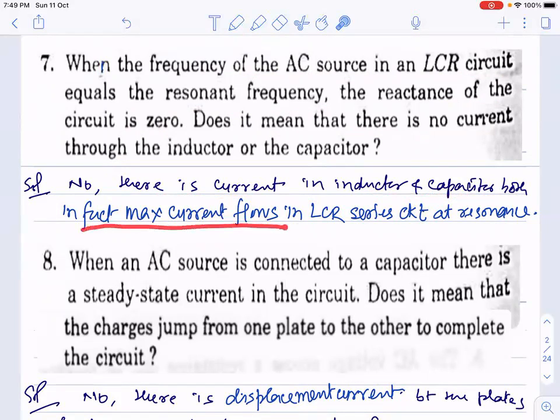In fact, maximum current flows in an LCR series circuit at resonance, because I will be Vrms upon Z, but Z will be equal to R at resonance.